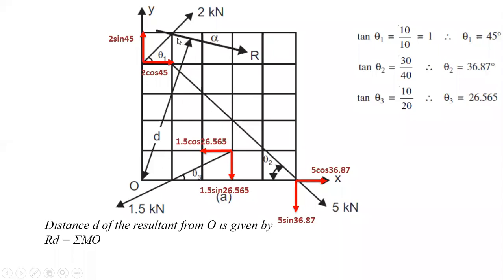Moment of all the forces about point O. First moment is this resultant R into perpendicular distance, let us say D. As per Varignon's theorem, the moment caused due to the resultant about any point is the same as that of the number of forces producing the same moment.